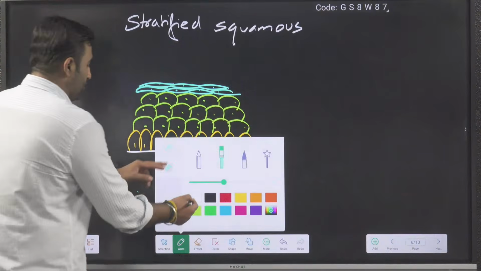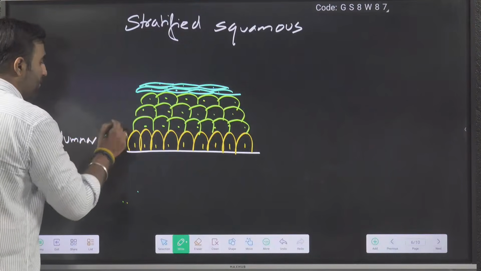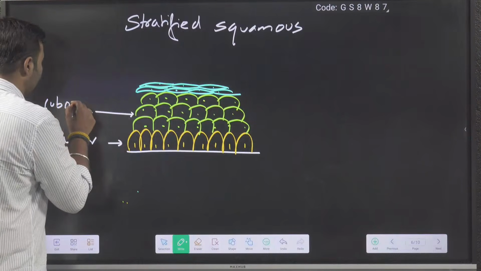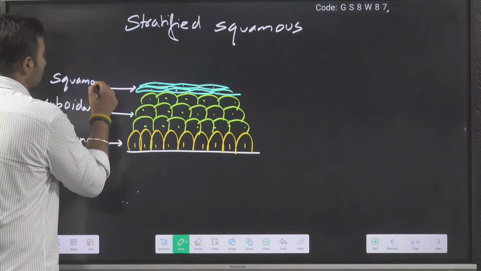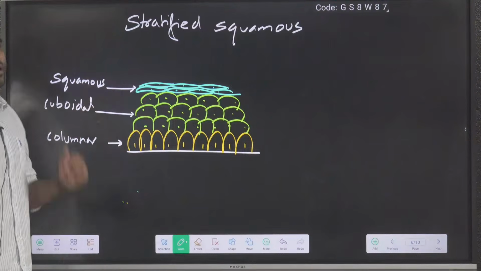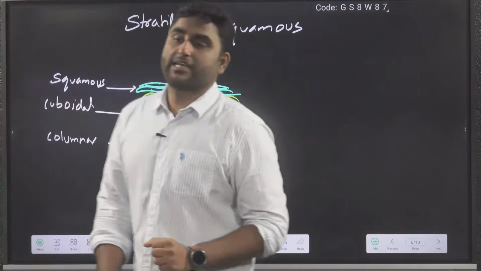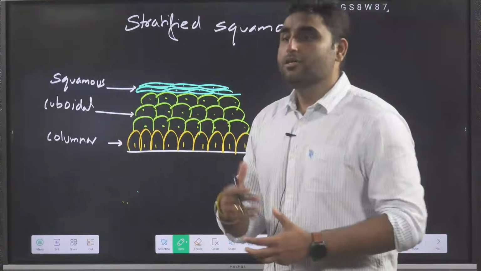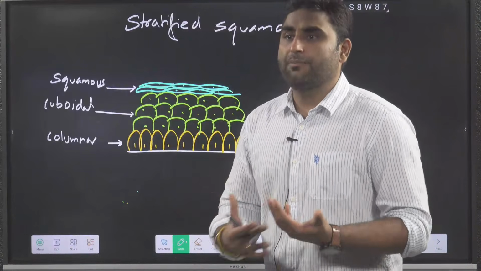So let us write down one by one. The lower level cells are columnar. The upper one becomes cuboidal. And the further upper one will become squamous. And these squamous cells on your skin will start producing which protein?